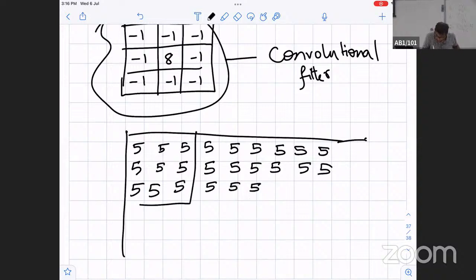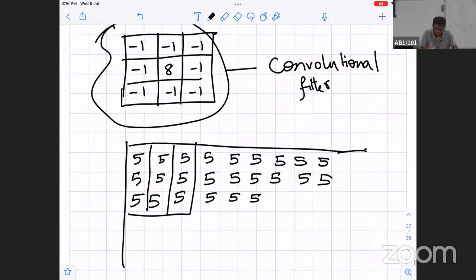So if I overlap over this, I will multiply term by term whatever comes underneath. That 1 -1 -1 -1 filter, I will overlap over this. Whatever term comes under that, I will multiply and add. So what will I get?